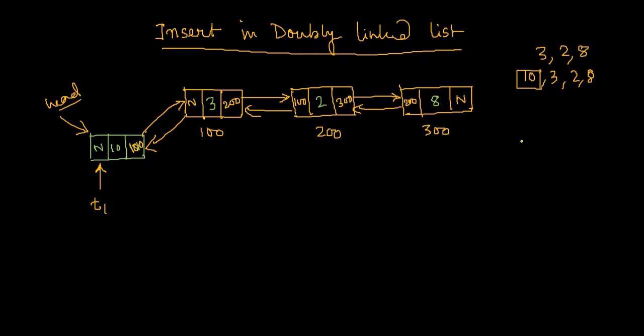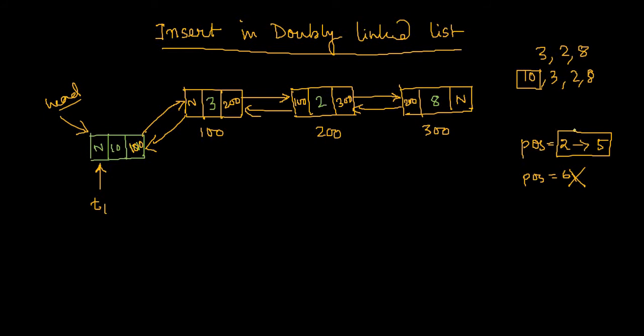So that means your position may be 2 to 5. Any value is a correct value. But if your position is equal to 6, that is not possible because you have only 4 nodes. You can insert at most at the 5th position, but not greater than 5th.